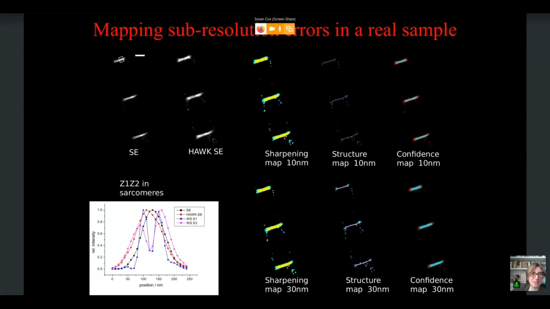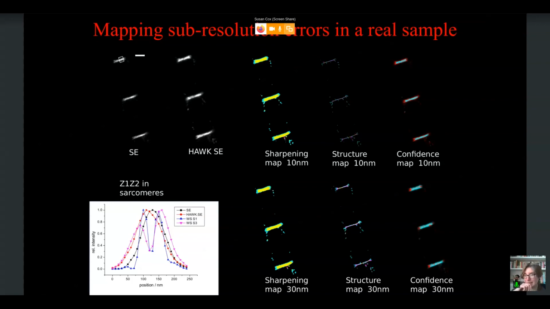And what we found was that while we couldn't really see anything in either the Hawk single emitter or the single emitter images, we can see a small degree of separation at the very edges, but not in the center. If we look at the confidence maps for these small length scales, we are identifying that there should be two structures that are separated rather than a single uniform structure.